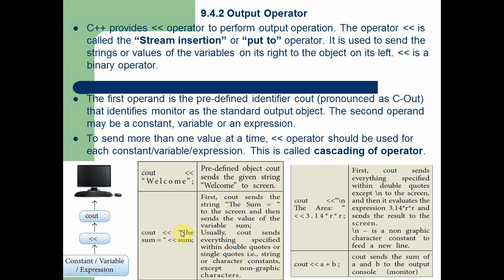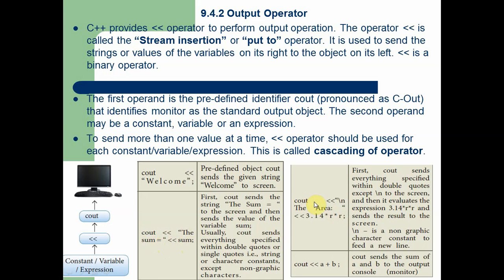The first value is enclosed in double quotation marks, so it is called a string, which we already learned in C++. All strings should be enclosed in double quotation marks. And in sum you cannot see a single or double quotation because sum is not a string or literal, it is a variable. It stores some values. That's why cout accepts a string and the value of variable sum and sends them to the monitor one by one. First it sends the string "the sum is equal to" and then the sum value.